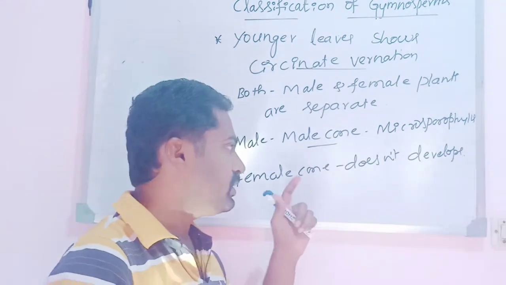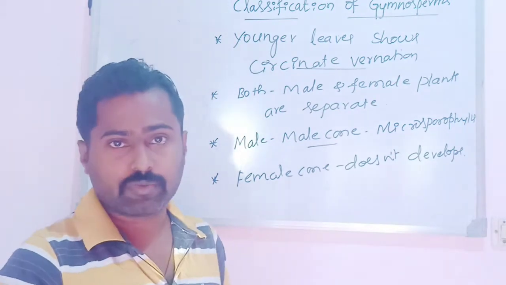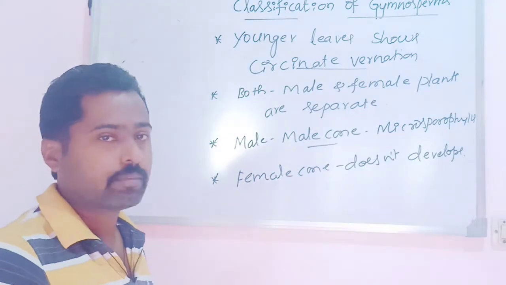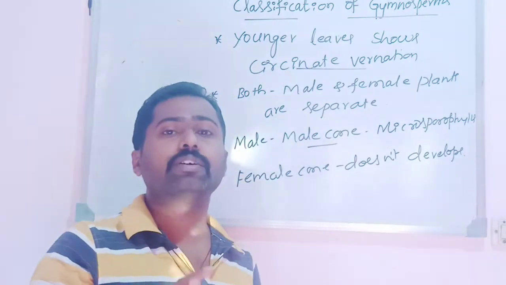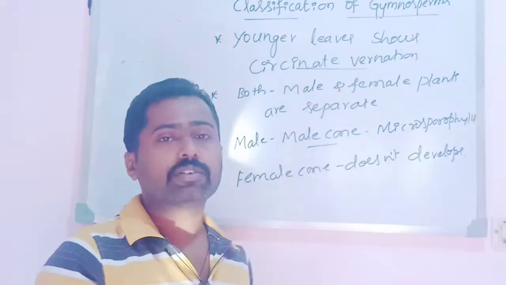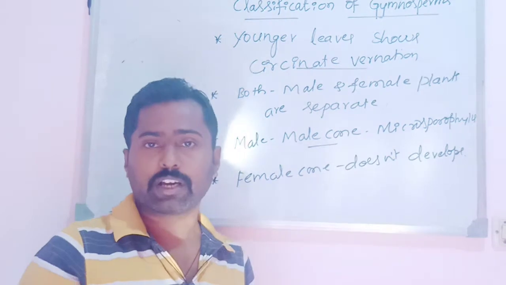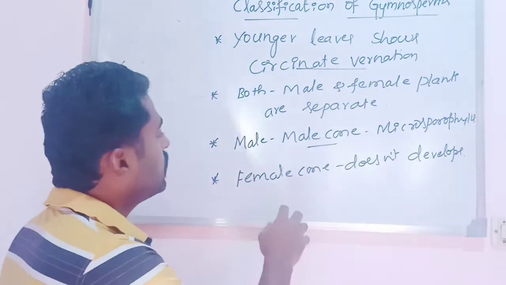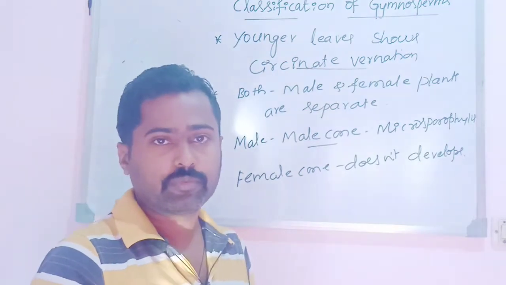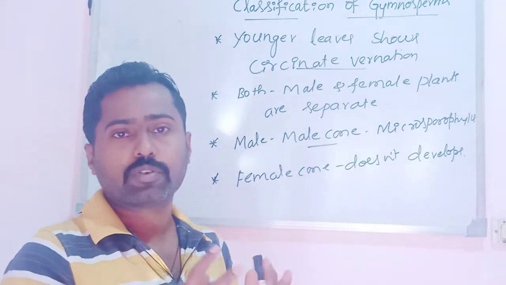That's why a female cone is not produced in the female plant body, but at the apex it bears free megasporophylls. Each megasporophyll bears 6 to 8 ovules, but they do not aggregate compactly to form a cone. But the male cone is produced, as microsporophylls aggregate to produce the male cone.